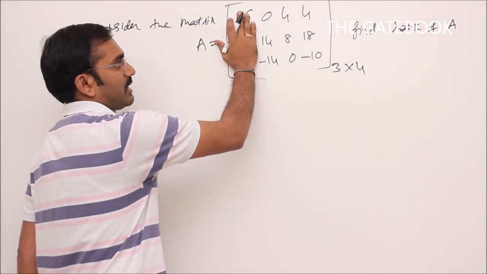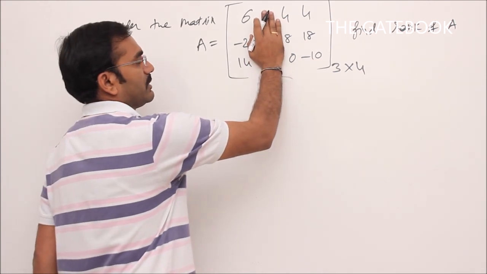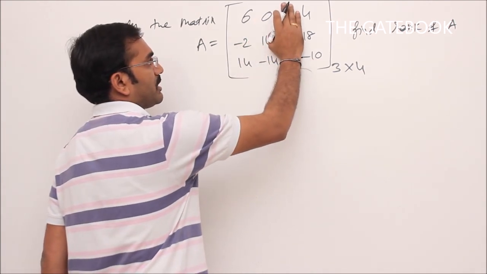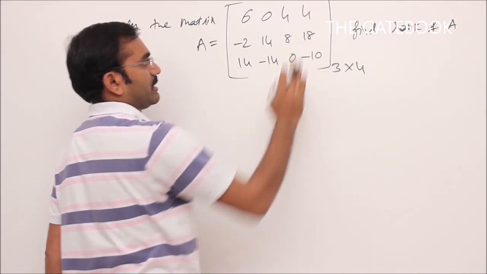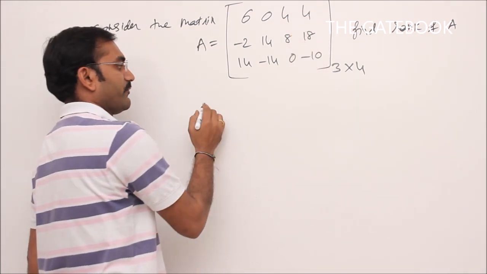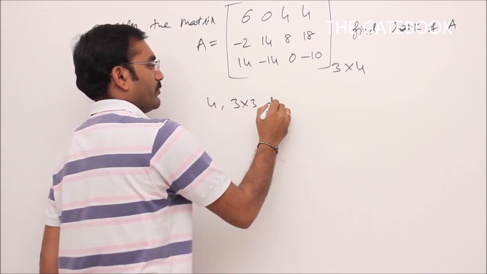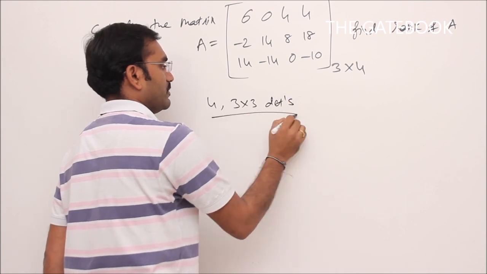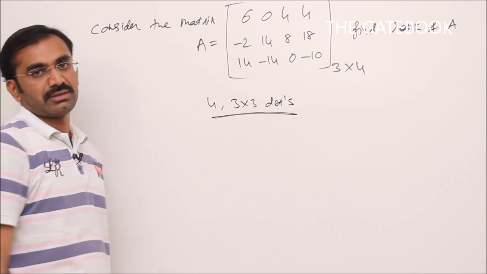If you remove the first column, you get one 3 by 3 determinant. Removing the second column, one 3 by 3 determinant. Removing the third column, one. Removing the fourth column, one. So there are 4 3 by 3 determinants available, and we need to check all those 4.